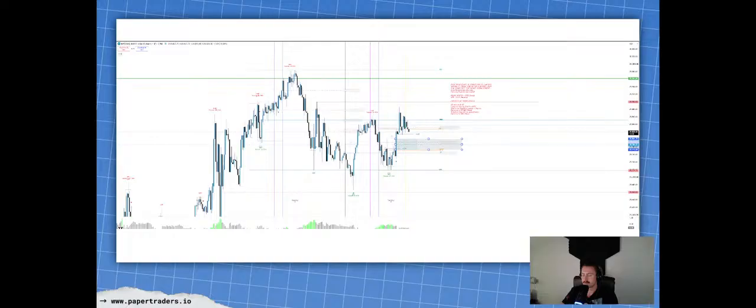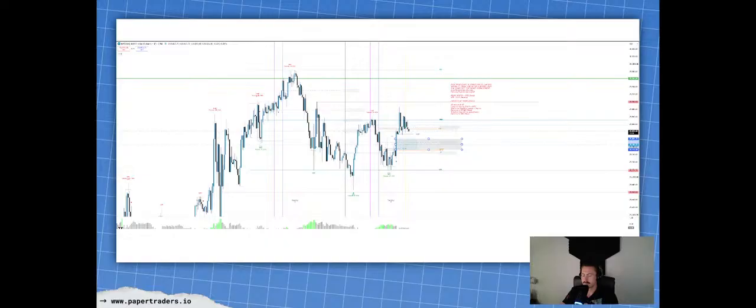So going into New York, we can potentially look for a retest of this FVG and a hold before the continuation to the upside.